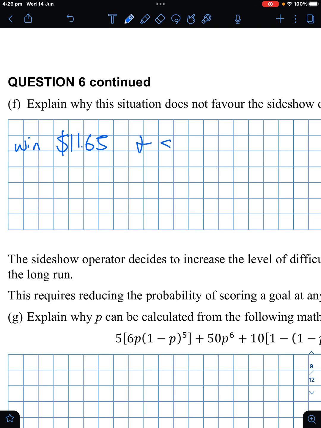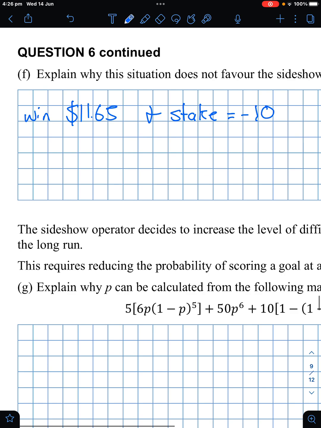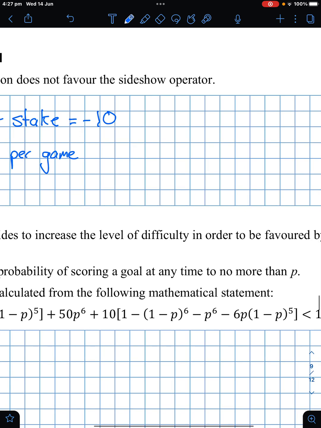The stake equals negative $10. So then win $1.65 per game in the long run.